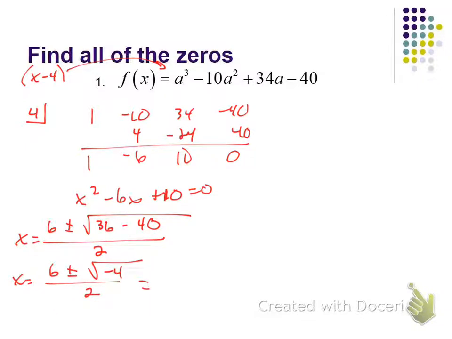The square root of negative 4 is going to give us 2i. Then we divide out the common factor from those 3 and we get 3 plus or minus i. So to find all the zeros, that would be x equals 4, 3 plus i, and 3 minus i. Okay?